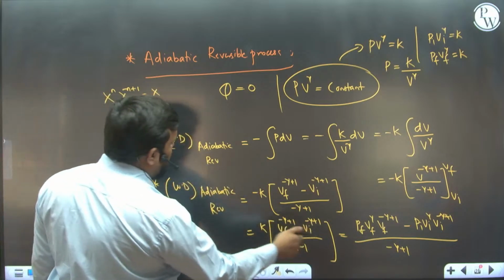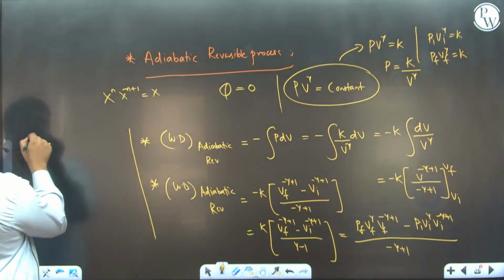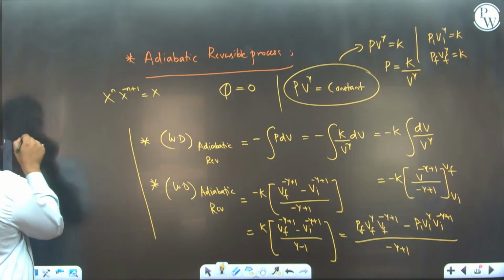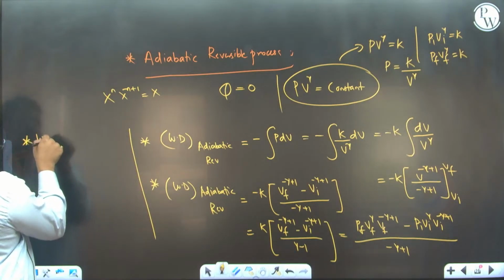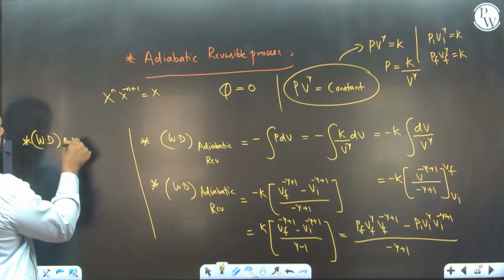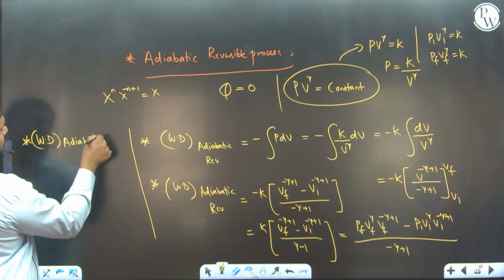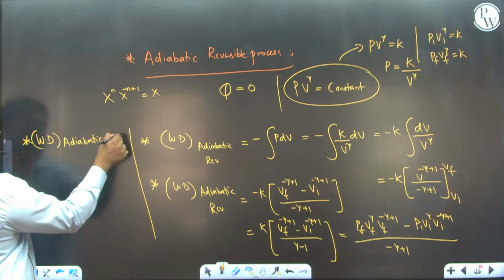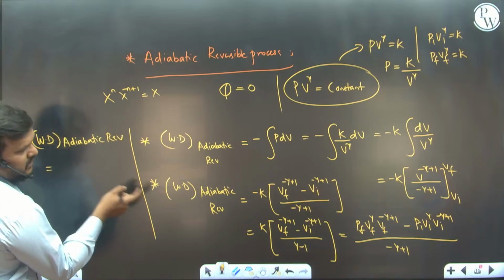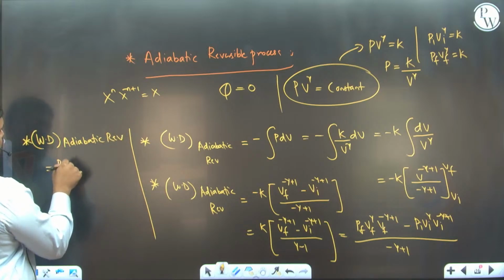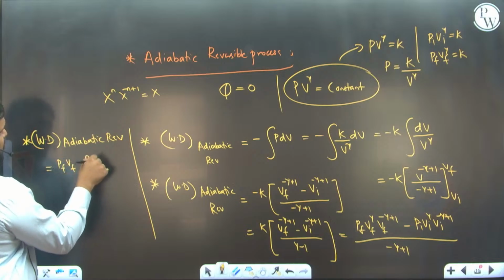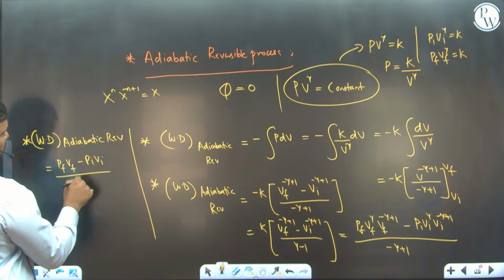So here also the gamma values will cancel out in the power, and we will get the work done for the adiabatic reversible process as P final V final minus P initial V initial upon gamma minus 1.